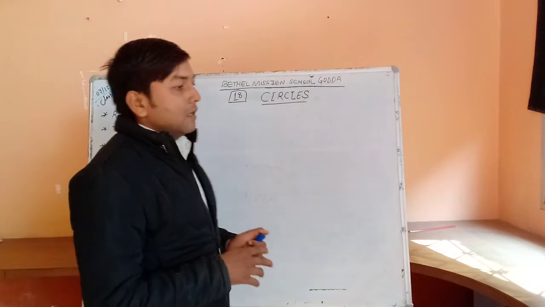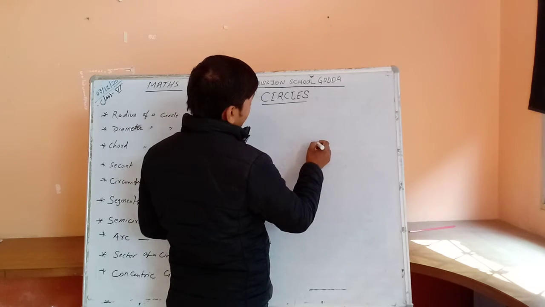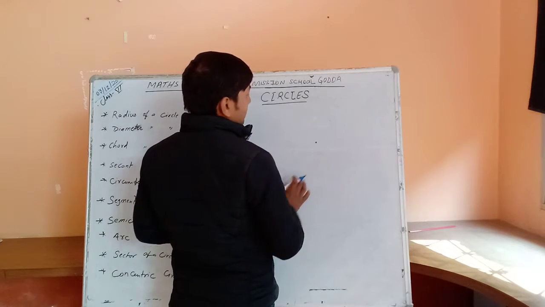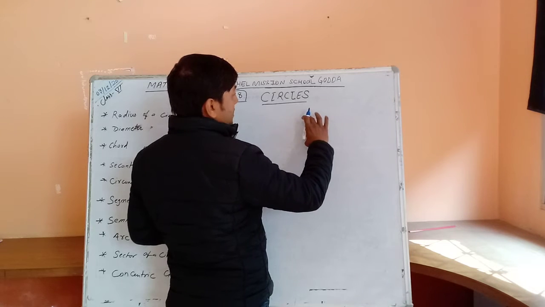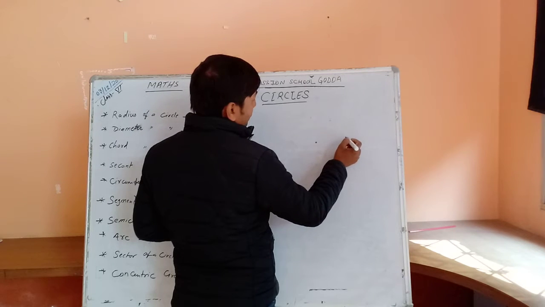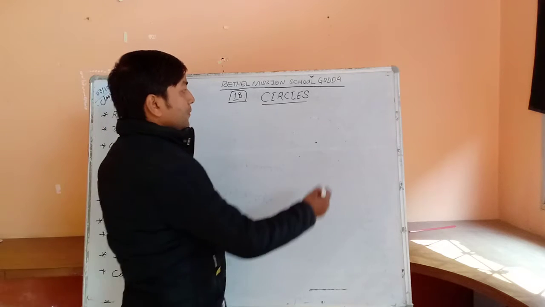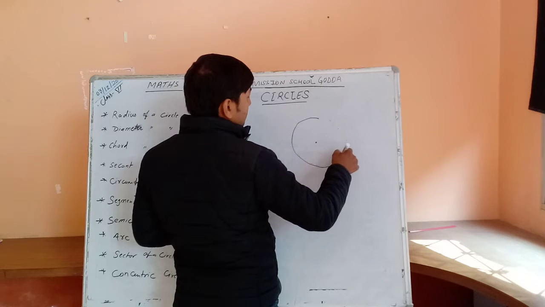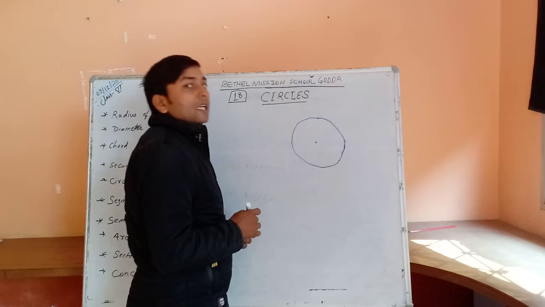Here, circle. What is the circle? If you take a point, and from the point, the distance from each point to a fixed point is the same, and if we draw all the points, this is a circle.